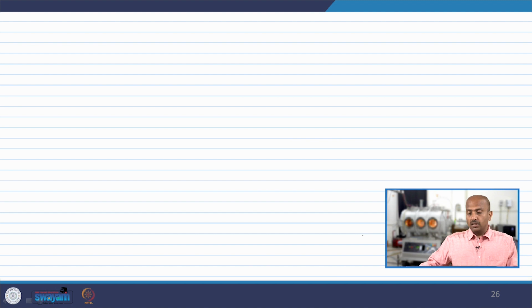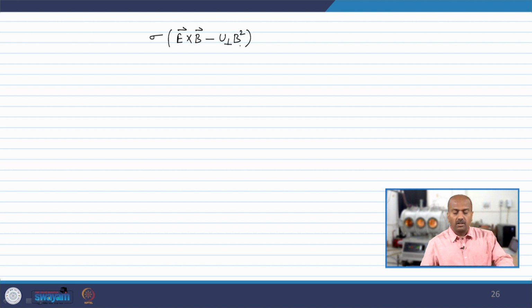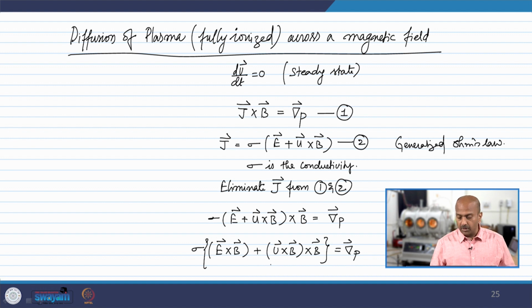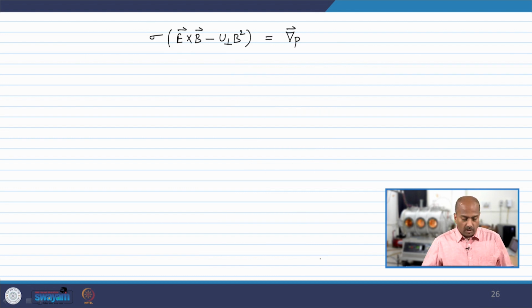So, expanding this triple vector product, all of you know the formula for that. So, sigma times E cross B, the first term remains as it is, minus sigma U perpendicular B squared. This term will survive only if you take U to be the U perpendicular. For those of you who are wondering how I got only one term here instead of the two terms that will appear out of this triple product, you just have to refer to simple vector identities, you will get it.